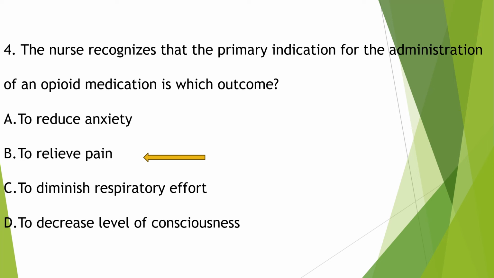Especially these drugs can relieve postoperative pain, chronic pain of cancer and pain associated with labor and delivery. Also preoperatively we can use this for sedation and reduction of anxiety, but the primary indication is the relief of pain.